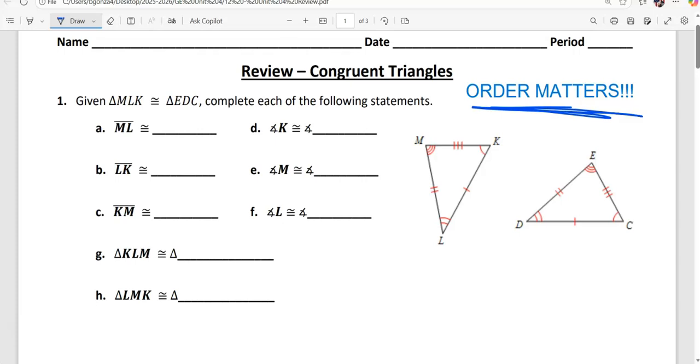When you're doing this, the order matters. So like one arc K matches one arc C, two arc L matches two arc D, three arc M matches three arc E. So ML, the first two letters are ML right here. So the first two letters over here are ED, so it's ED.